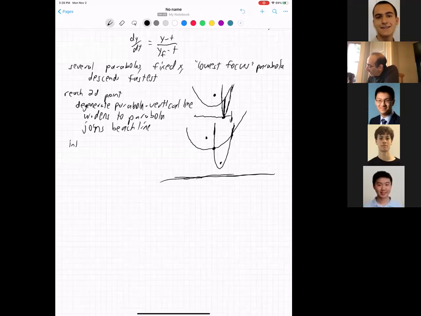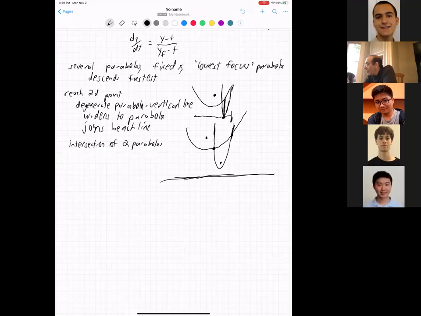So what is the intersection of two parabolas that appears in this beach line? There must be something special about it. Does it lie in the segment joining the two foci? Well, eventually it's going to fall below both foci, right?